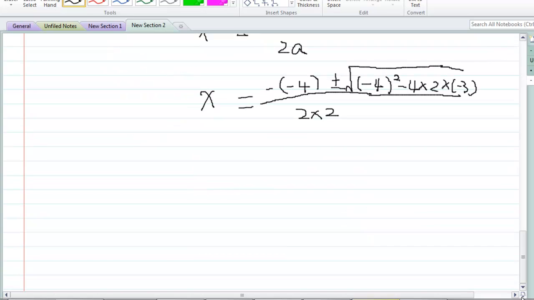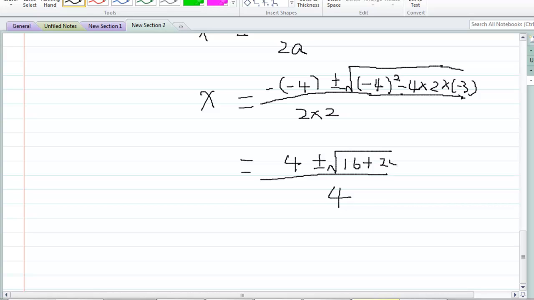Then we have 4 in the denominator and 4 here, plus or minus the square root of 16 minus, we have a plus, because minus times negative comes out to be positive, plus 24.